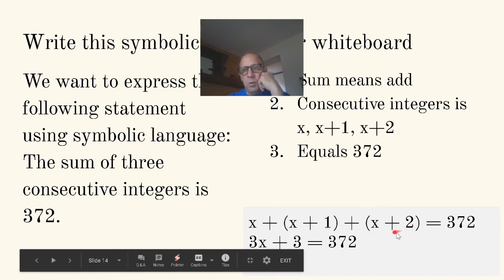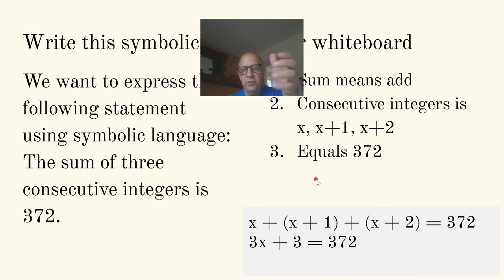The only reason I have parentheses is so that you know these are my 3 different numbers, but the parentheses are just there for fun, so I can rearrange things and add them in any order I want, thanks to the commutative property. So x plus x plus x is 3x, 1 plus 2 is 3, so 3x plus 3 equals 372.